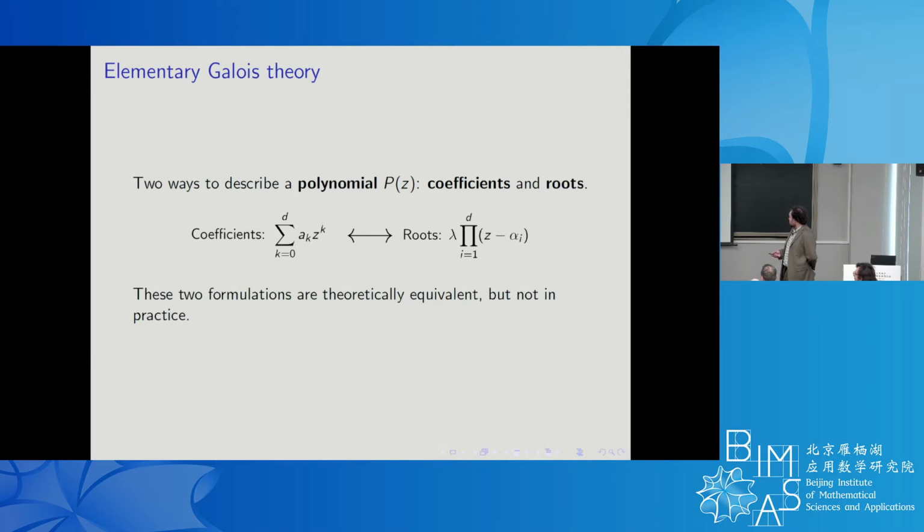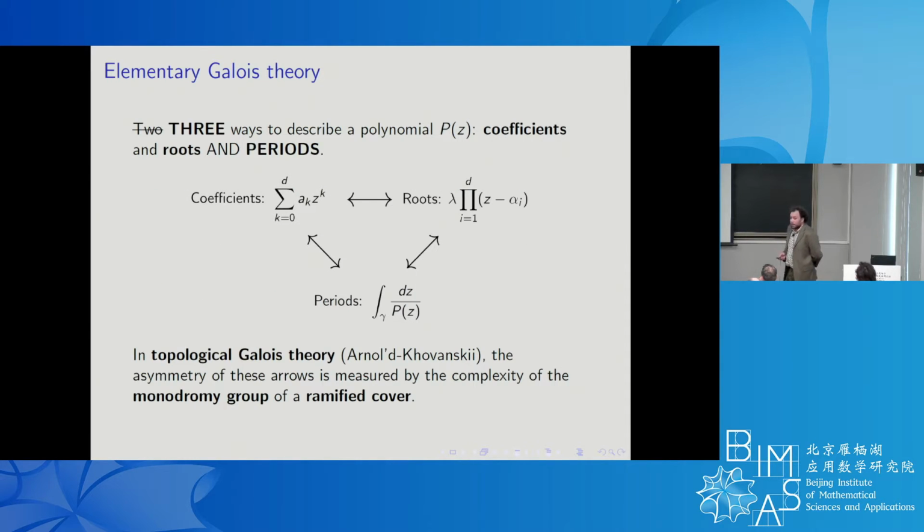I want to discuss a third point of view on a polynomial. A third way to describe a polynomial is to take the associated differential form dz over P(z) and to look at periods of this differential around well-chosen loops, in general, residues at the poles of the differential.